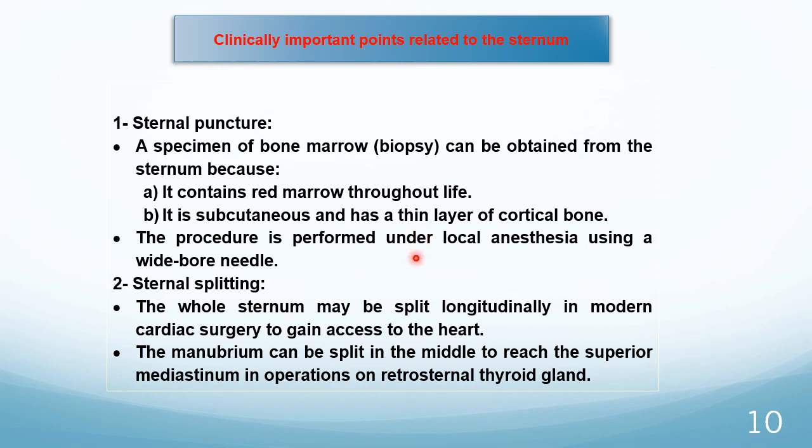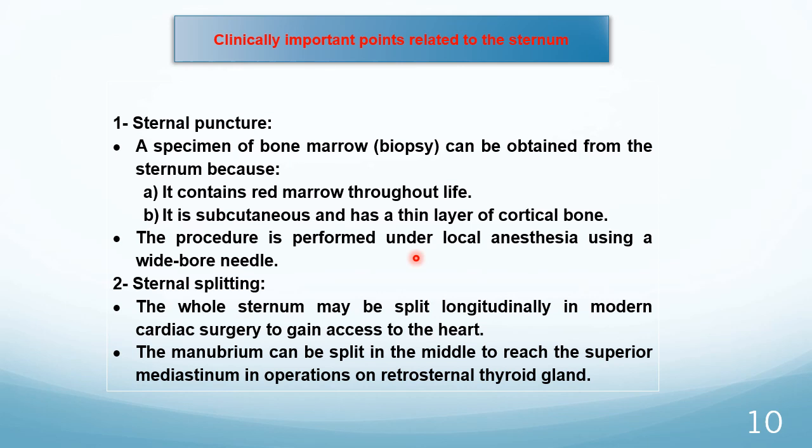And also, through the sternal angle, we can count the ribs. By detecting the sternal angle, we descend in the midline from the jugular notch to reach the sternal angle. We can palpate it, and at the level of the sternal angle there is attachment of the second costal cartilage.